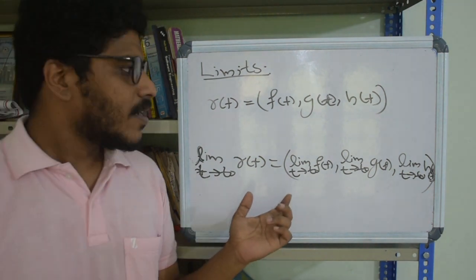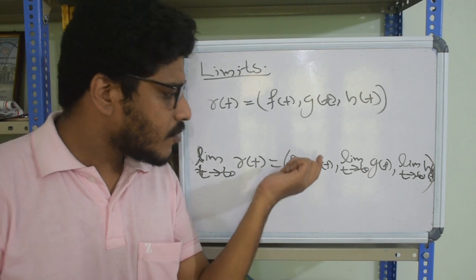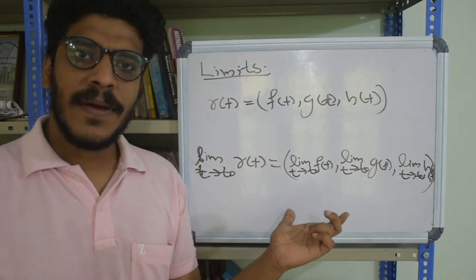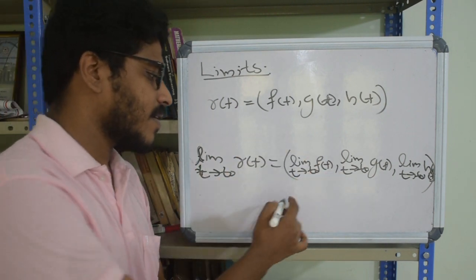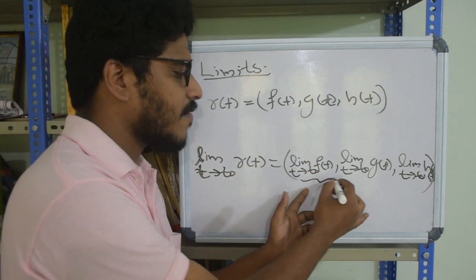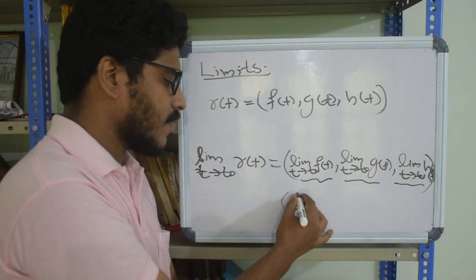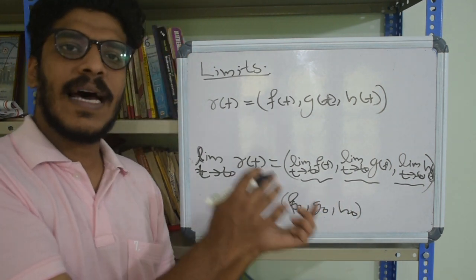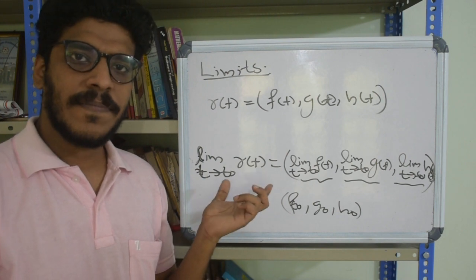So to find the limit of a vector valued function, we individually apply limits to each component function. These are simply real valued functions of t, and we know how to calculate the limits, and we will get whatever, say f naught, g naught and h naught, and that has to be regarded as the limit of this vector valued function.